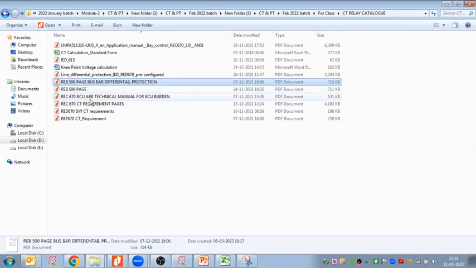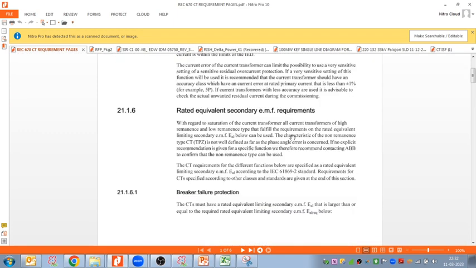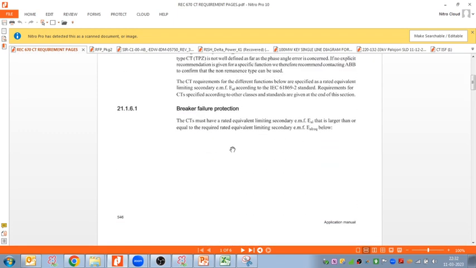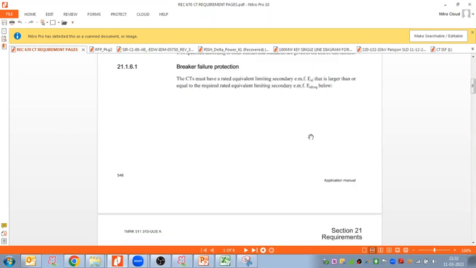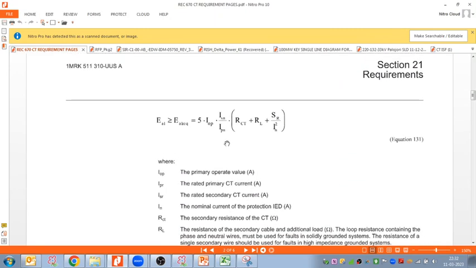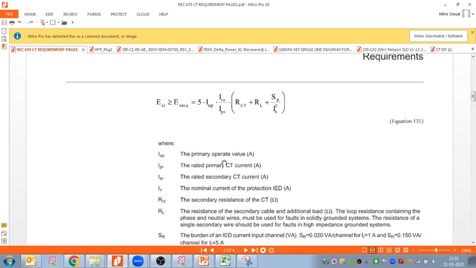Anyway, the point is that it will change. Let us suppose we have the REC 670 if we are using the BCU. If you see here, in this case, the CT requirement for breaker failure protection: the CT must have a rated equivalent limiting secondary EMF. And the formula is changed now: 5 into IOP, ISN divided by IPN, and 5 we have to multiply.